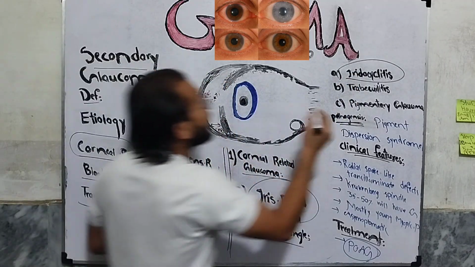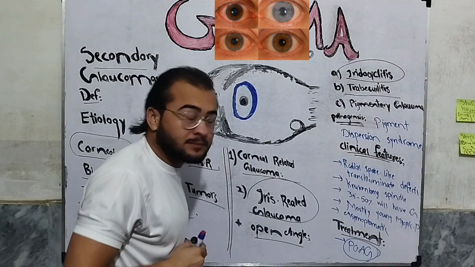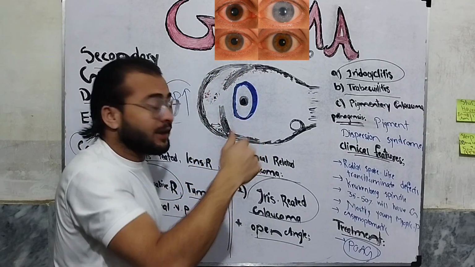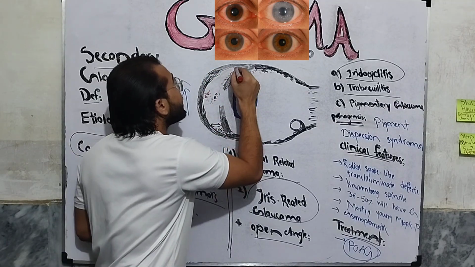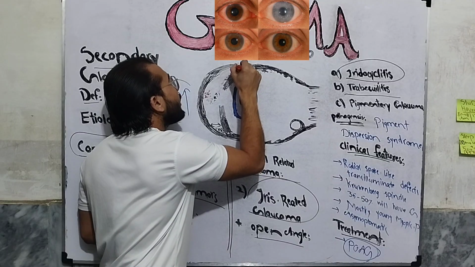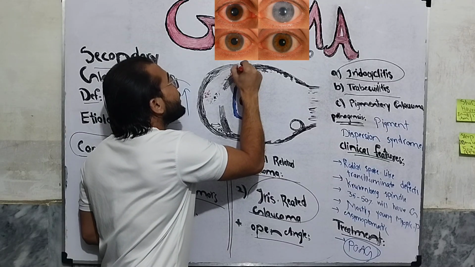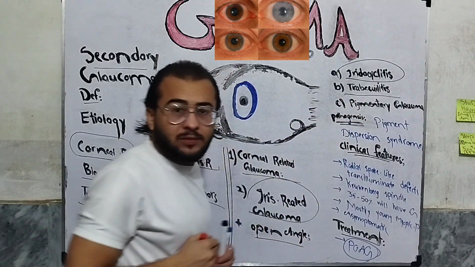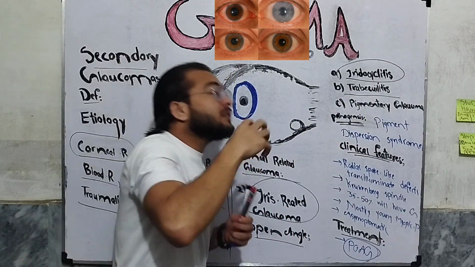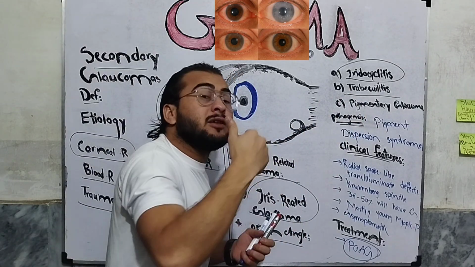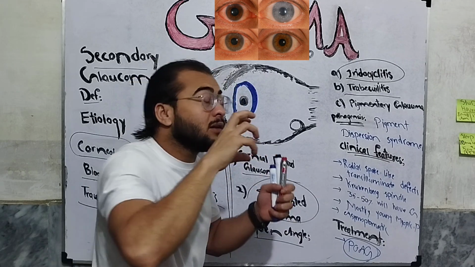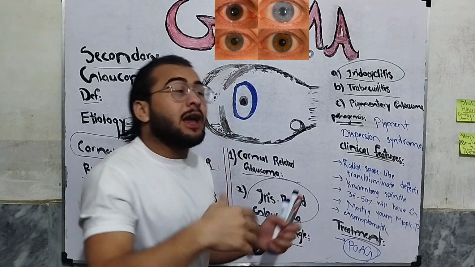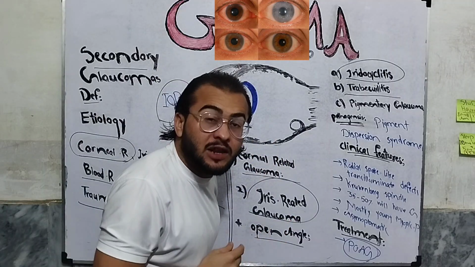Now the second one we have is trabeculitis. Iridocyclitis and other causes can also cause inflammation of the trabecular meshwork itself. When there is inflammation of the trabecular meshwork, this is called trabeculitis. This inflammation will occlude the perforations because of the inflammation and because of the release of inflammatory infiltrate.